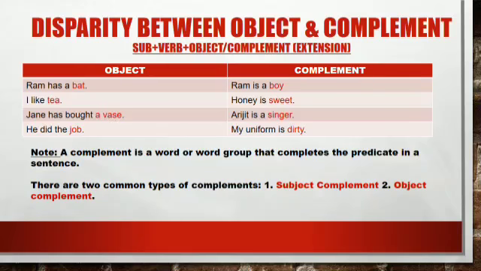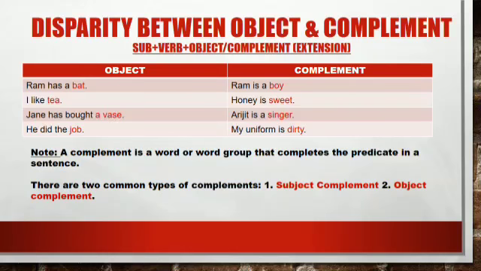Yes, to find out the object, here is a simple trick. If you frame a question by using whom or what to the verb, you will get the answer, and that answer is object. I like tea. I like what? Tea. So tea is object.